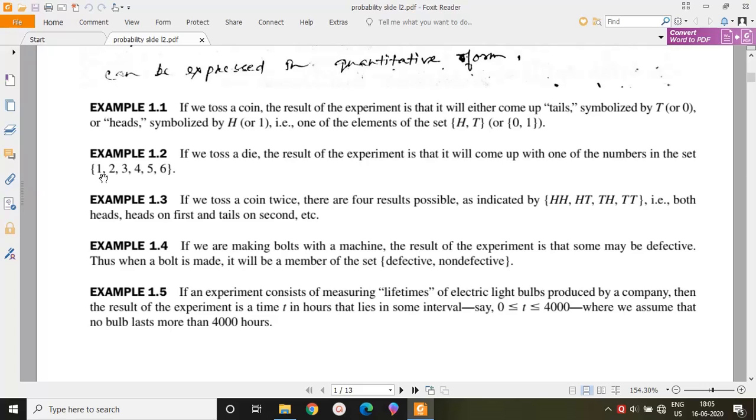You have 1, 2, 3, 4, 5, and 6. Here, between 1 and 2, you don't have any other value. That is, the result jumps from 1, next 2, next 3. So there is a jump, there is a discontinuity. So such kind of random variables are known as discrete random variables.